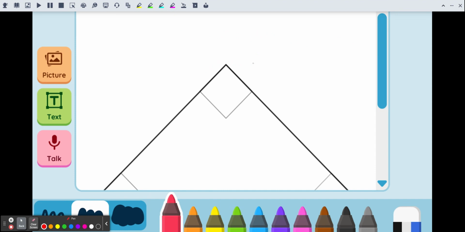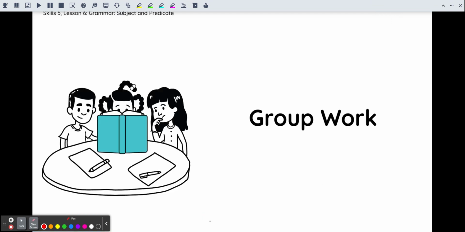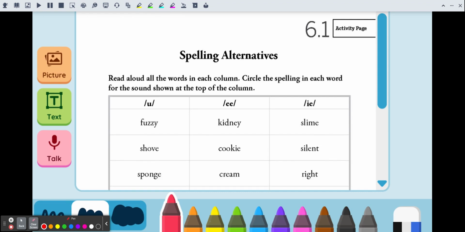See how many points, count up your points and see how many points you scored in your round of baseball. Okay, we will not be doing any group work. You will be doing activity 6.1 on your own.